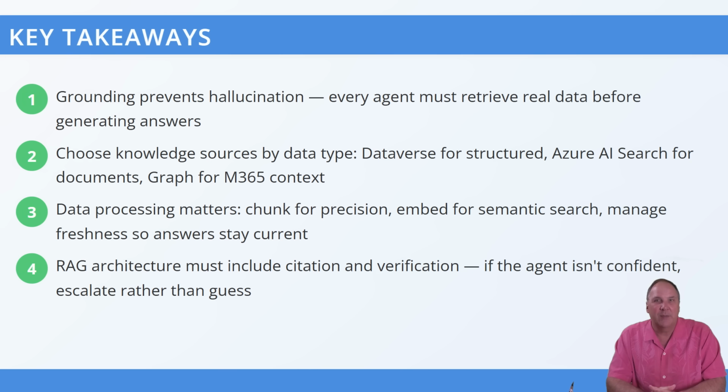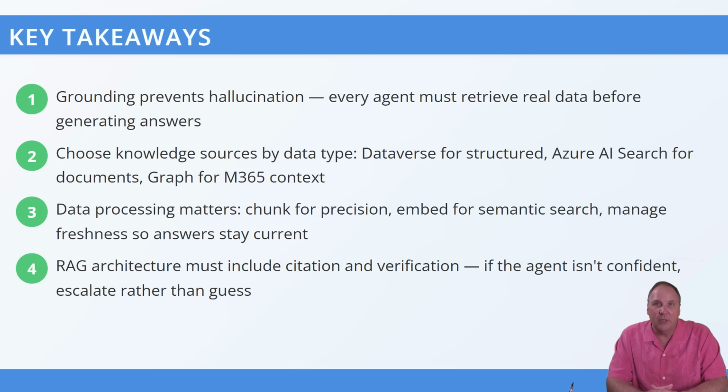Key takeaways. Number 1, grounding prevents hallucination. Every production agent must retrieve real data before generating answers. Number 2, choose your knowledge sources by data type. Use Dataverse for structured, Azure AI Search for documents, and Graph for M365 context.